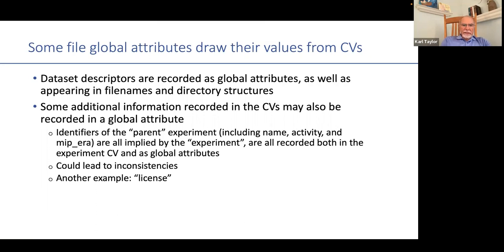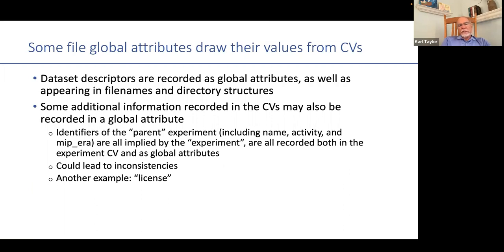But in the global attributes, there may also be recorded additional information that is controlled vocabulary. As an example, I'll note that in the file, you will report what the name of the experiment is that the data comes from, but you'll also report the name of the parent experiment, and maybe also the name of the activity and the MIP area that it comes from.